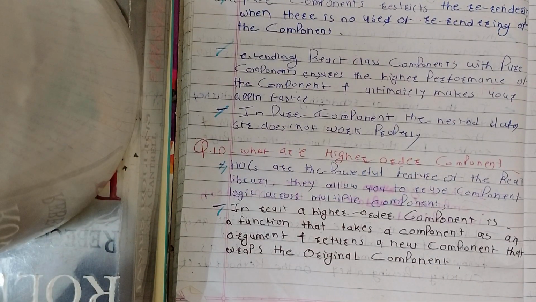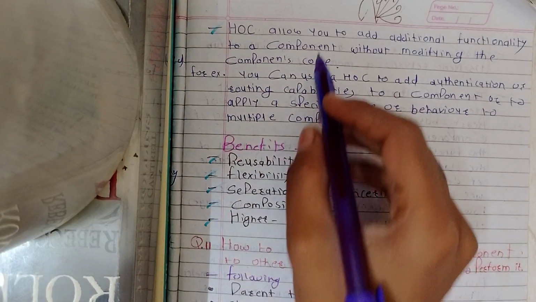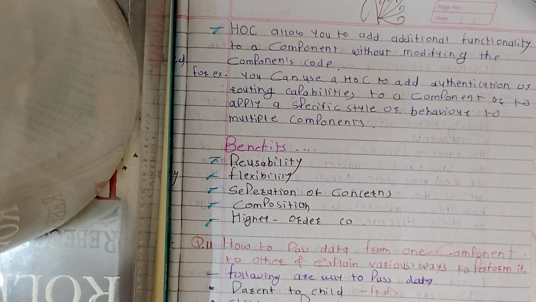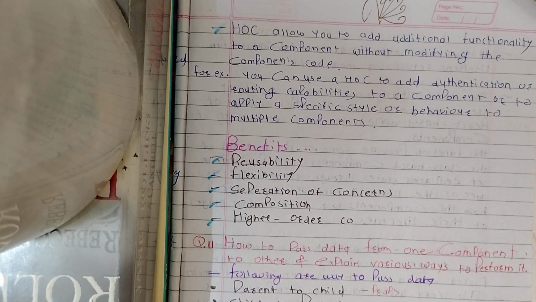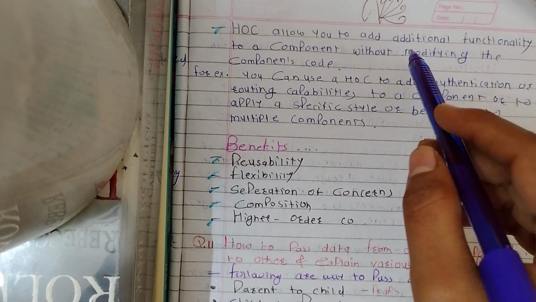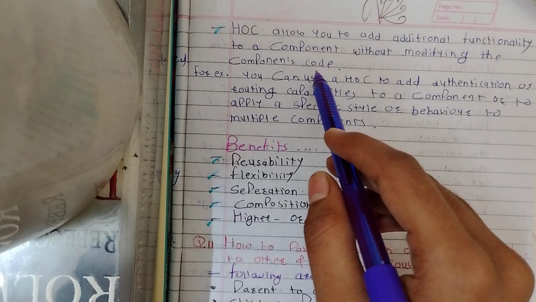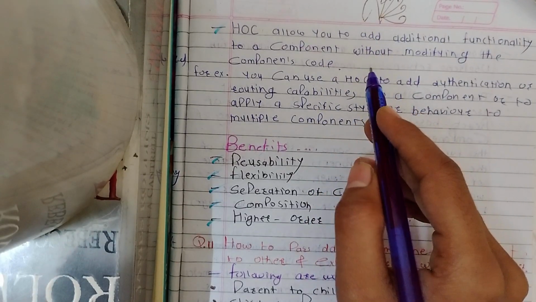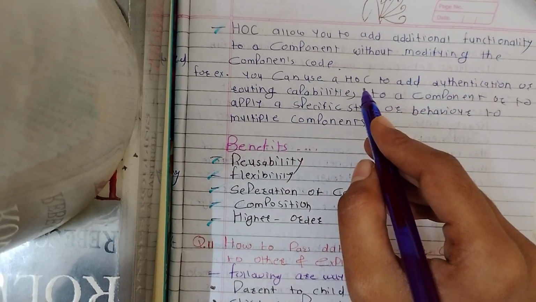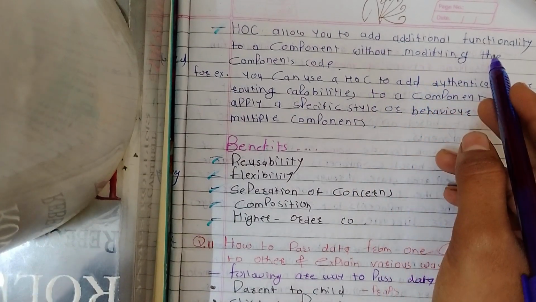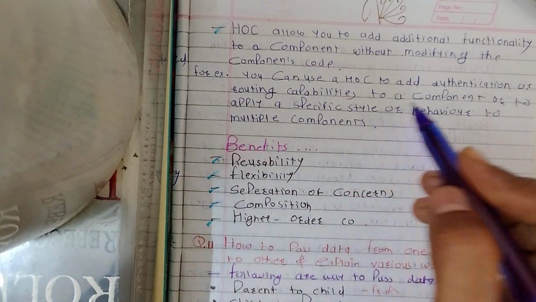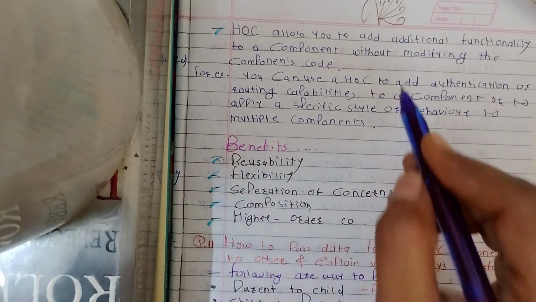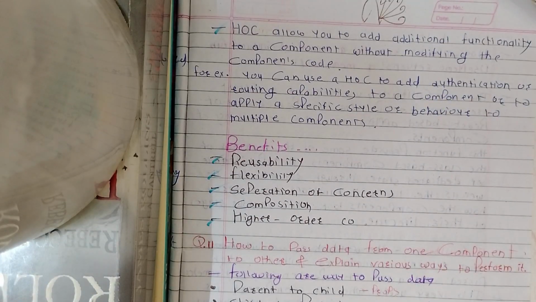Higher order components allow you to add additional functionality to a component without modifying the component's code. So instead of modifying the current component and the parent component, you can add additional functionality using another component returned by it. This keeps your code clean and more maintainable.